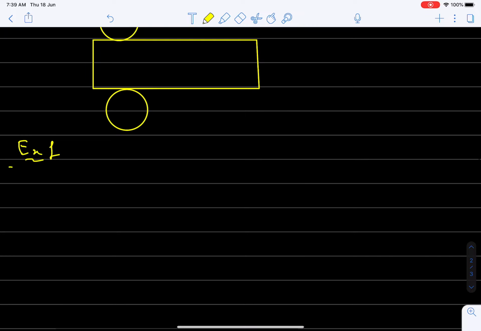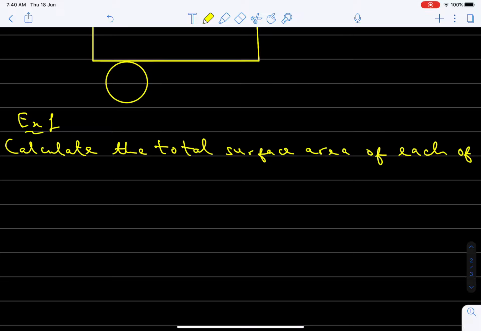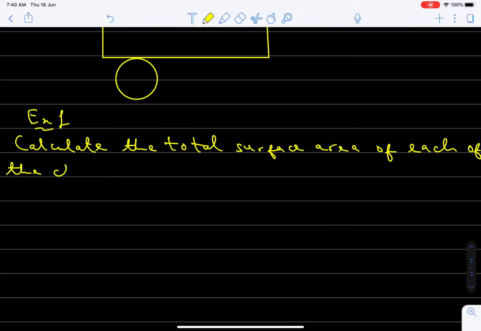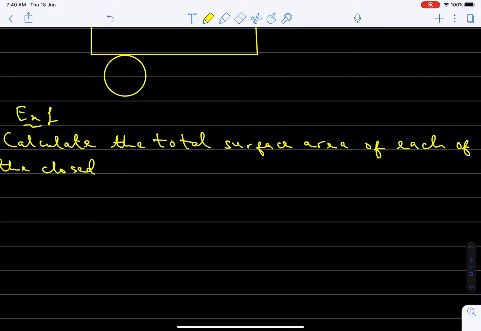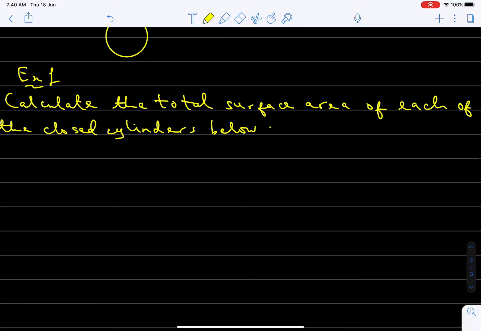Calculate the total surface area of each of the closed cylinders below, and these are the cylinders.